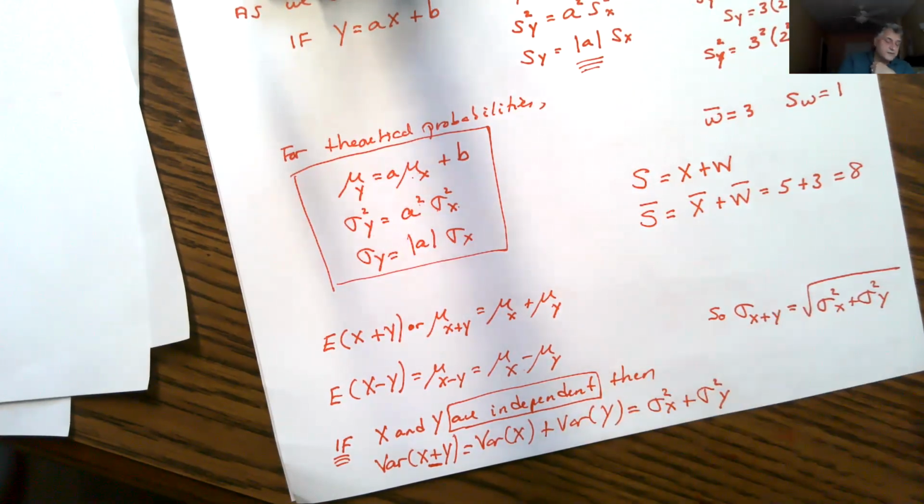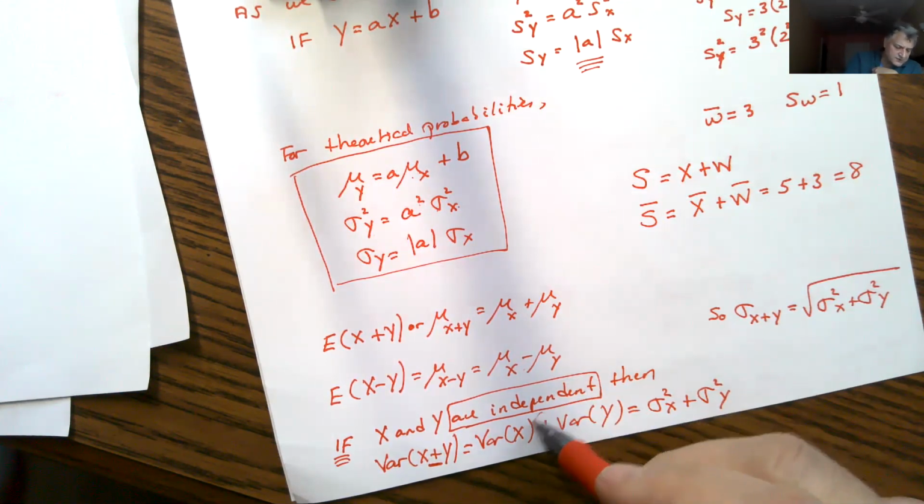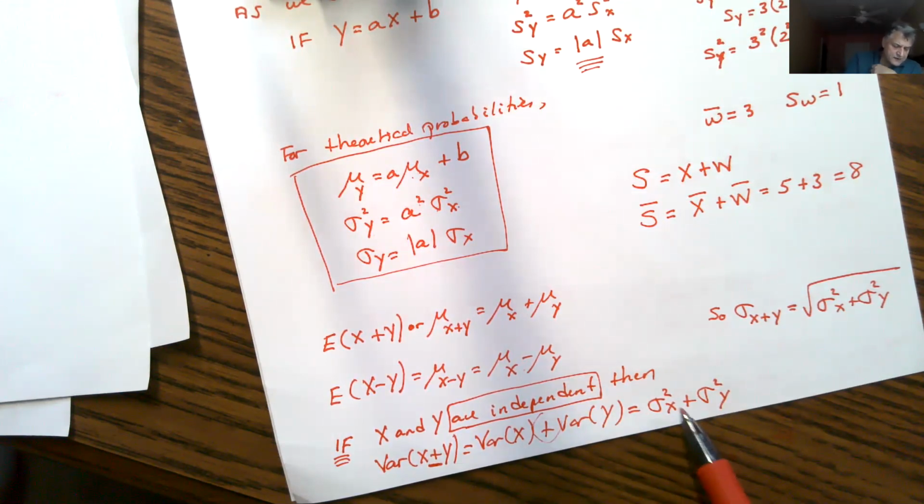Now we had this other property, and this was important. If x and y are independent variables, then the variance of x plus y, or the variance of x minus y, equals the variance of x plus the variance of y. It's always a plus sign, which is sigma squared x plus sigma squared y.